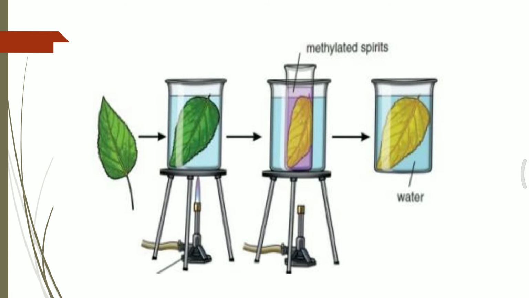After boiling it for 2 to 3 minutes, we transfer it to methylated spirit for again 2 to 3 minutes, and then we place it in normal water. After these activities, the leaf is completely ready for the iodine test.